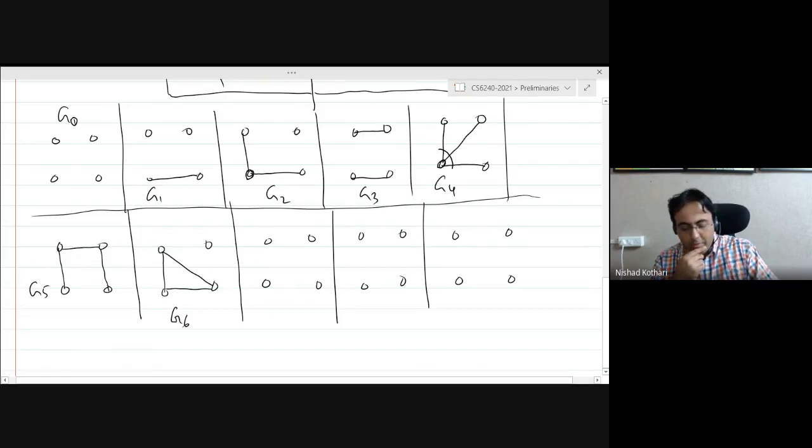Are you convinced, Biplab? Yes, sir. Right. Okay, good. So you can do a small amount of case analysis and convince yourself that no matter how you put the edges, as far as non-isomorphic graphs are concerned, there are exactly 3 on 4 vertices and 3 edges.